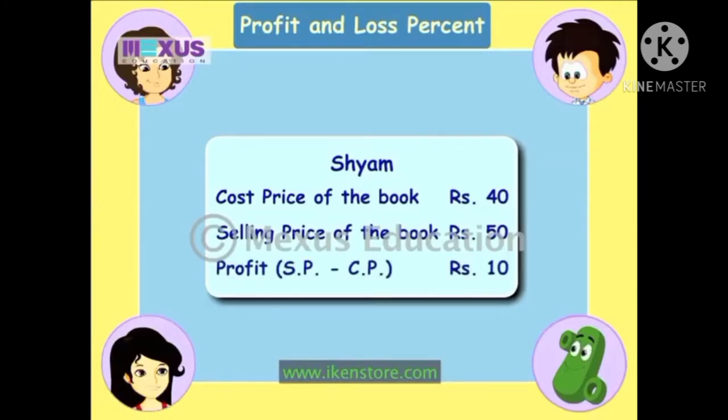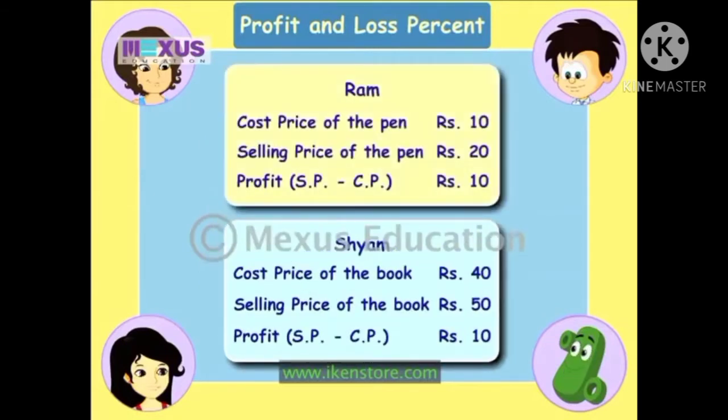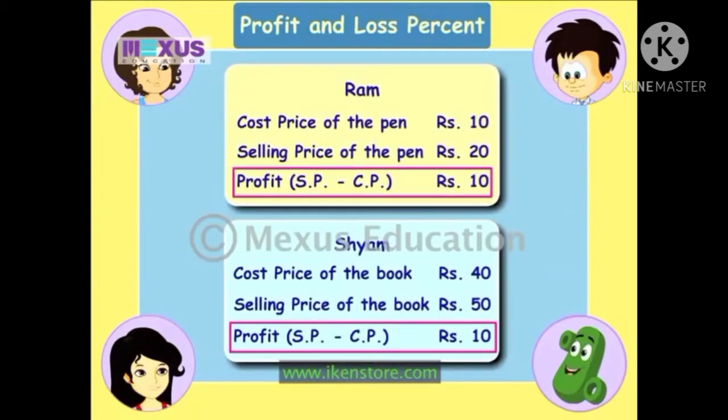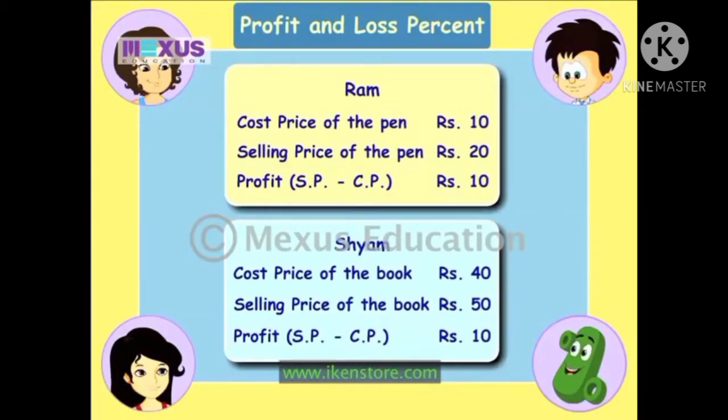It's rupees 10 again. Excellent. Now, the actual profit in both cases is rupees 10. But in reality, one of them has made a bigger profit. But how's that possible? Both of them made a profit of rupees 10.